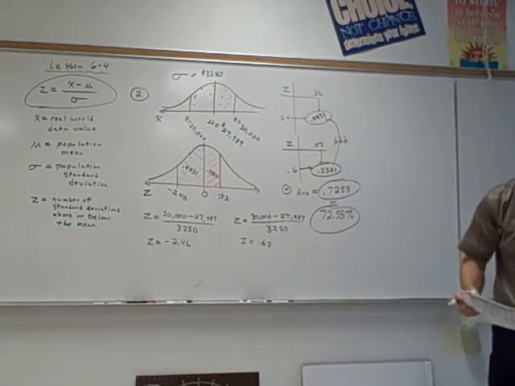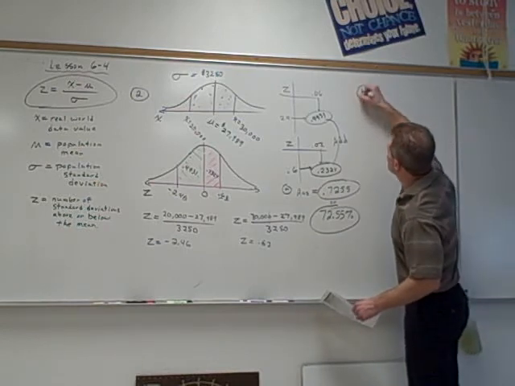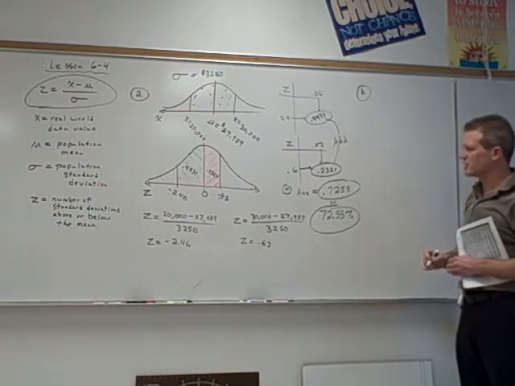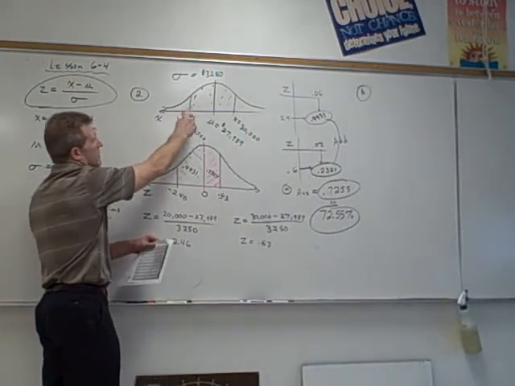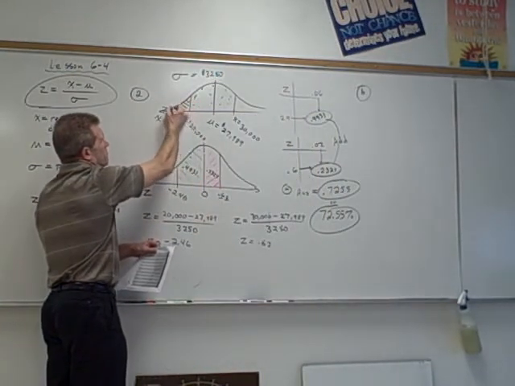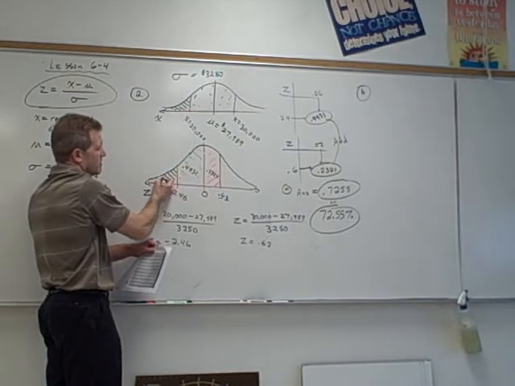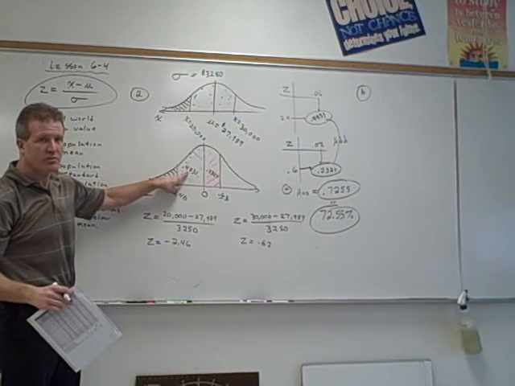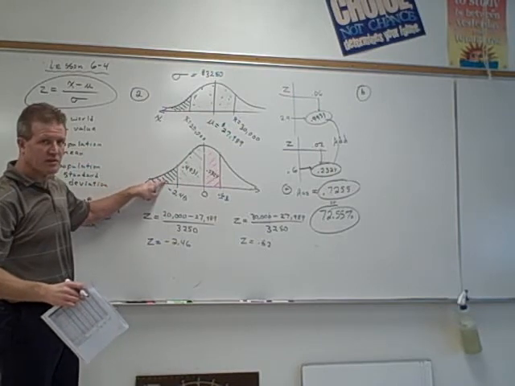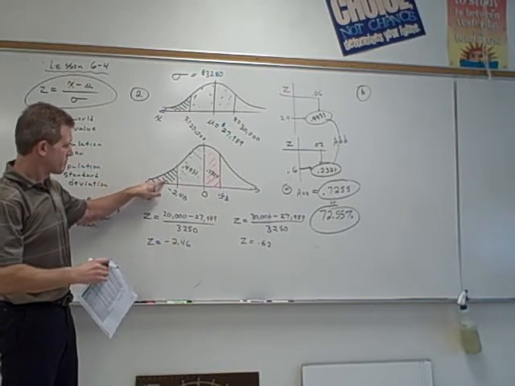Less than $20,000 a year. So part B, what's the probability that a teacher makes less than $20,000? Well, less than $20,000 would be to the left of this line here. So if you want to find this area, if I know this area is 0.4931, what could I do to get this area? 0.5.